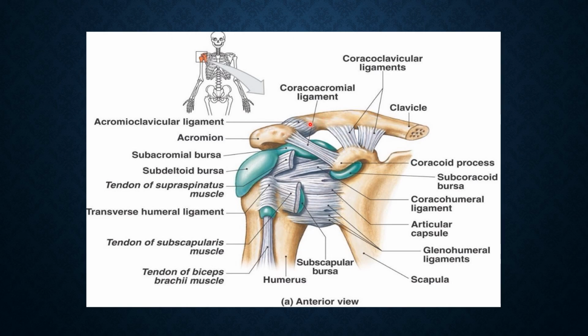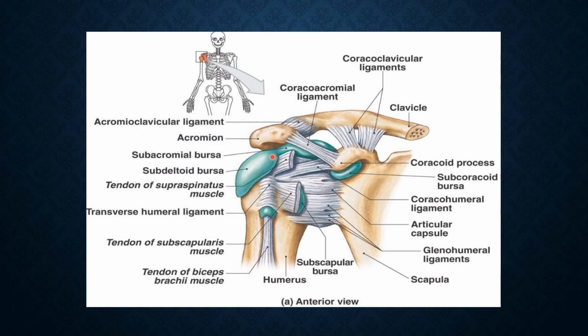So the subacromial bursa lies beneath the acromion process and deltoid muscle, and it is present superficial to the supraspinatus tendon. The supraspinatus tendon is a part of the rotator cuff, right? And it is also superficial to the joint capsule.